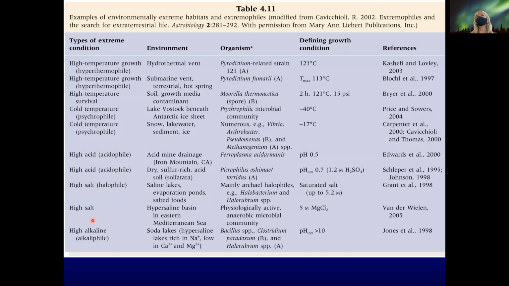Salting creates such a salty environment, such a saline environment, that it literally sucks the water out of any microbes that are hanging out on the fish and they die. So that's why salting can preserve food so well. Alkaline conditions, alkalophile, that means you like high pHs, so pH better than 10 here, soda lakes.